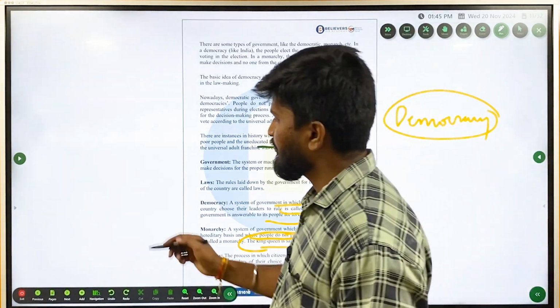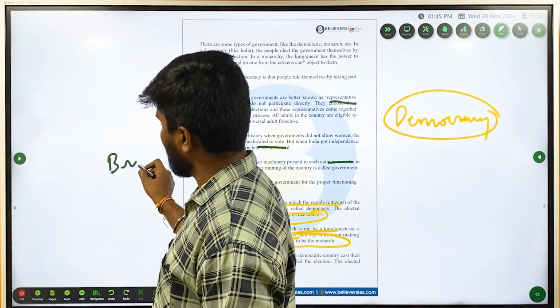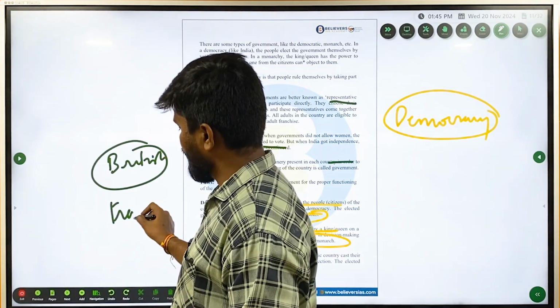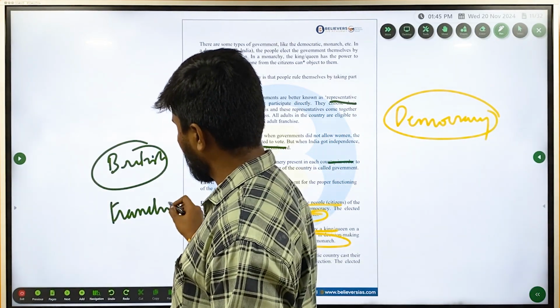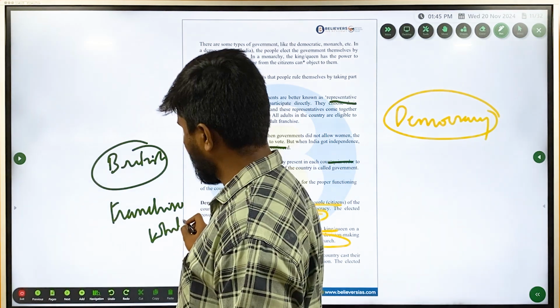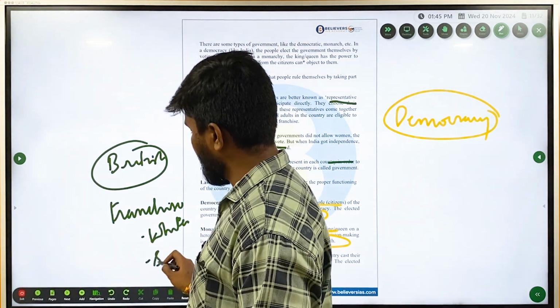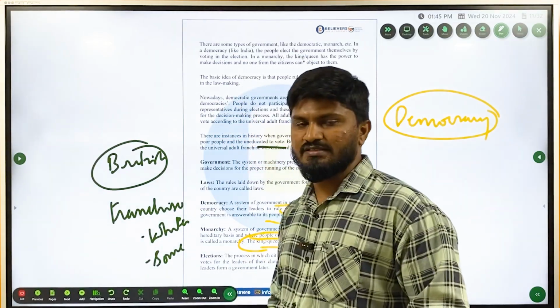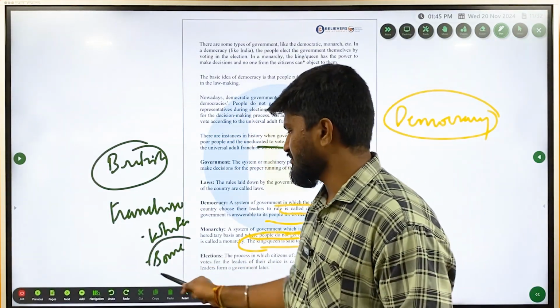Within India, during the British period, franchise included only white British and some people belonging to certain higher communities who were in favor of the Britishers.